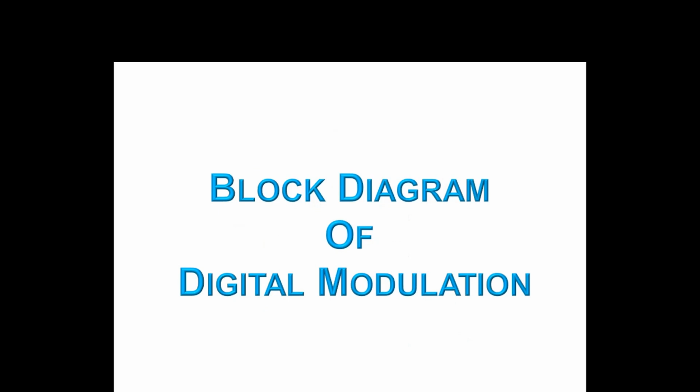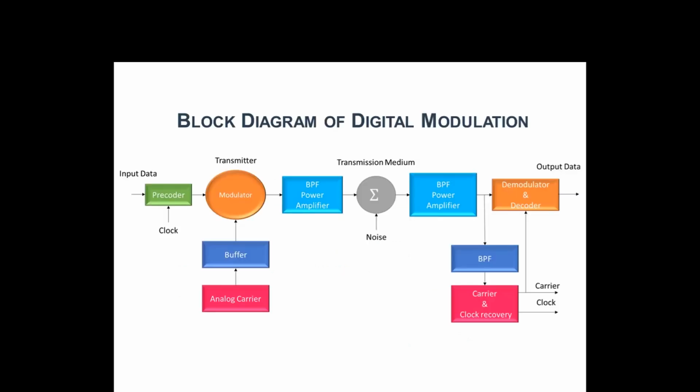Next, the block diagram of a digital modulation technique. The important thing we should remember is that we can get the problem mainly in the pre-coder and band pass filter, BPF, area.